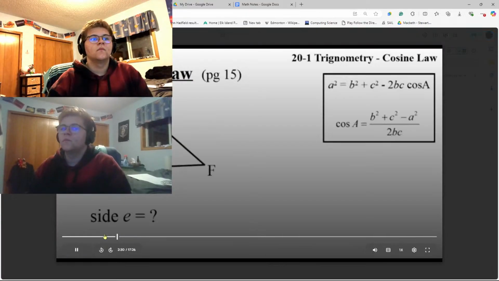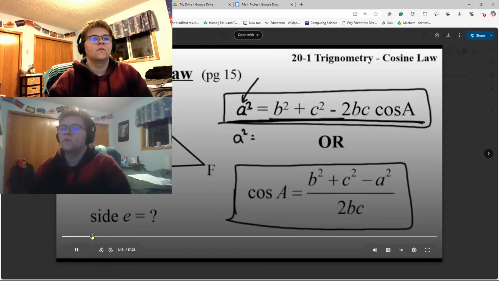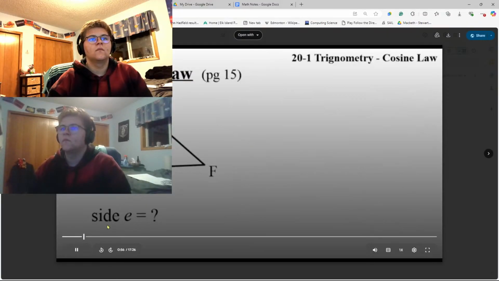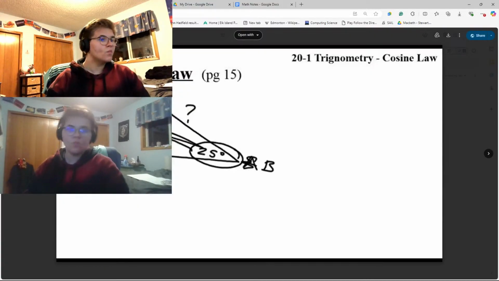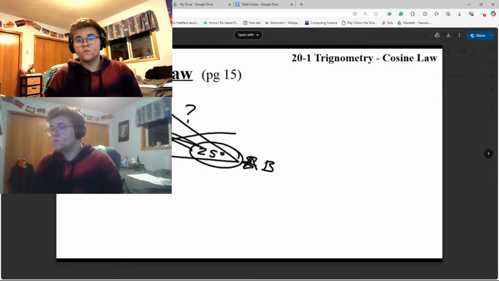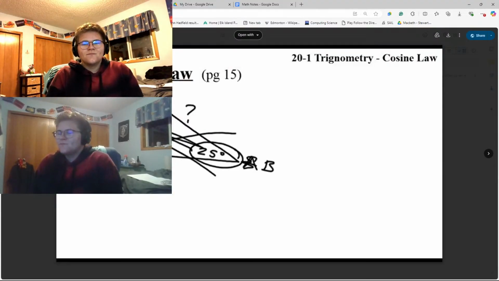The first information is recognizing the angle B and side b. That angle-side pairing was essential. You're not always going to have that, in which case we have the cosine law.